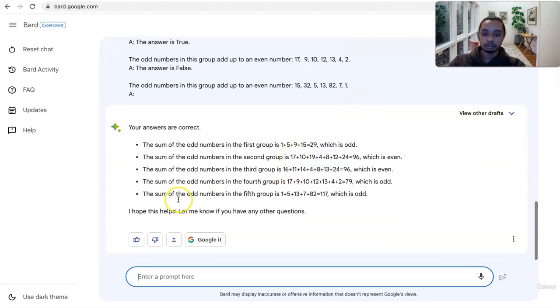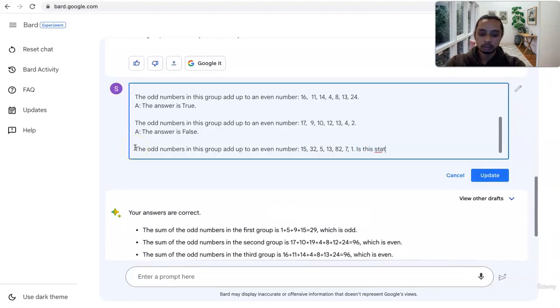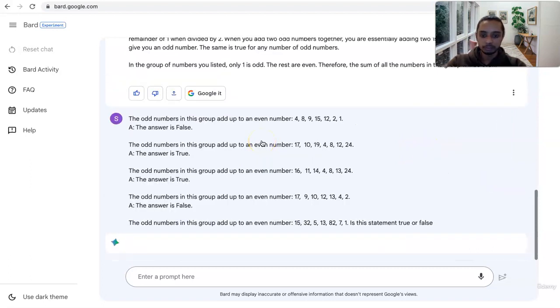So now I believe it should give me a real answer. Your answers are correct. The sum of the odd numbers in the fifth group is 1, 5, 13, 7, 82, 117, which is odd. Is this statement true or false? Let's see what Bard says now. Because it's actually trying to validate my answers instead of using them as examples.